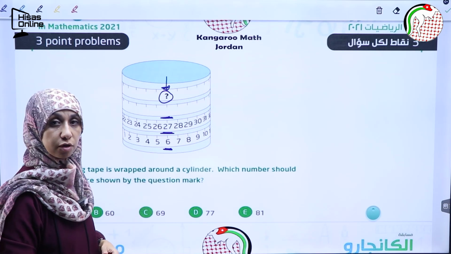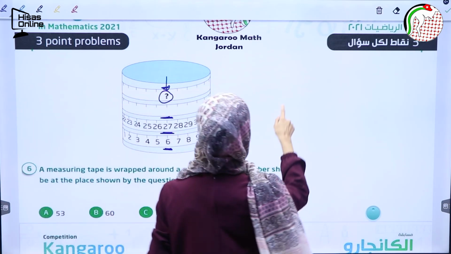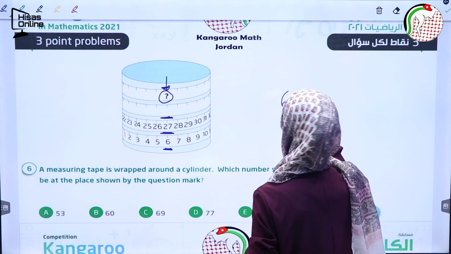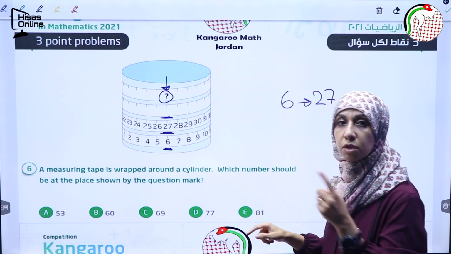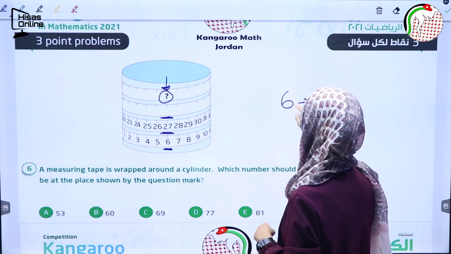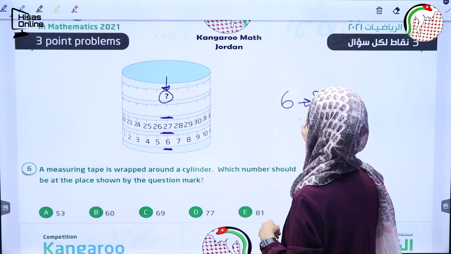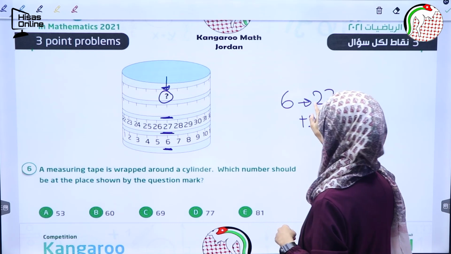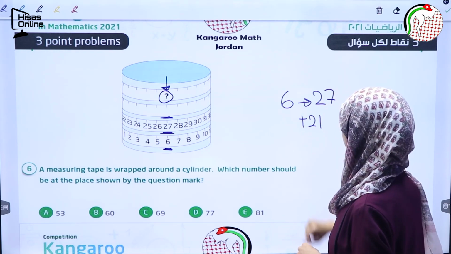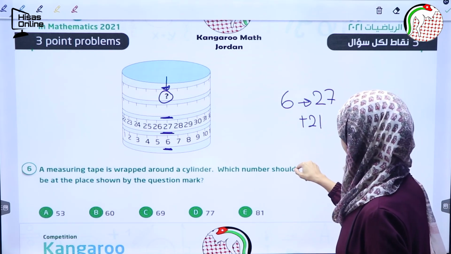So I have to follow the pattern. What's the pattern? 6, then 27. What happened here? We added 21. So I'm adding 21. Let's add 21 plus 27.